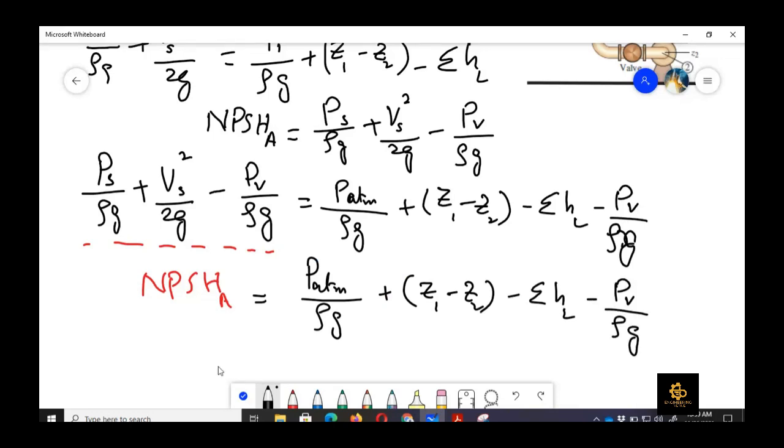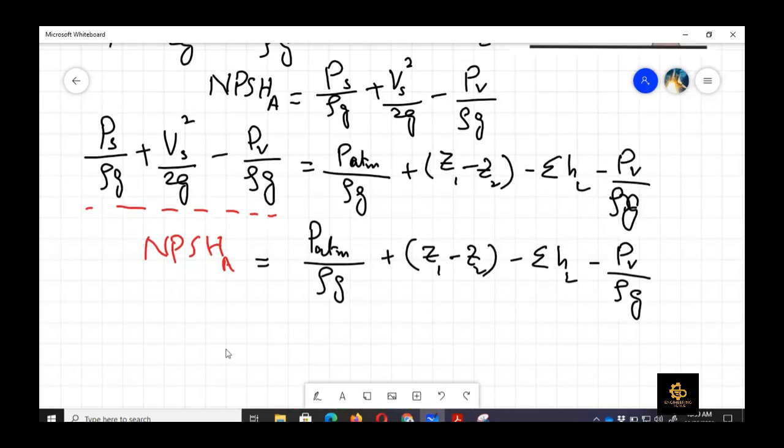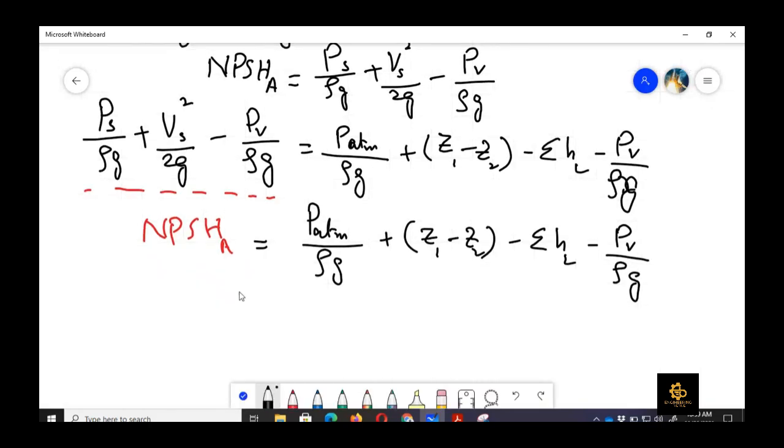Right. So now what is the HL summation here? We know from chapter number 8 knowledge that HL is equal to f L upon D Vs squared upon 2g. Right. Okay.